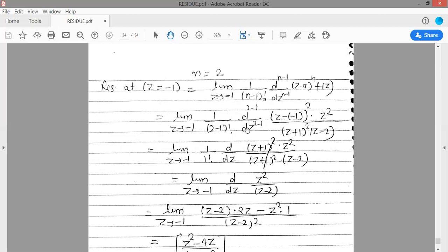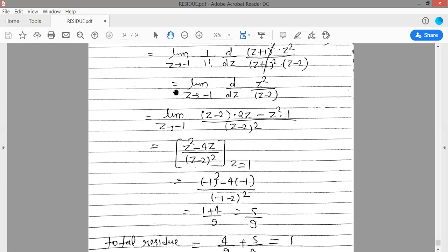And first, look at this point, d upon dz. That means you have to differentiate one time with respect to z. So we have d upon dz of z² upon (z-2). In the numerator there is a z function and a denominator, so you will apply the fraction formula u upon v: v times du minus u times dv, upon v².